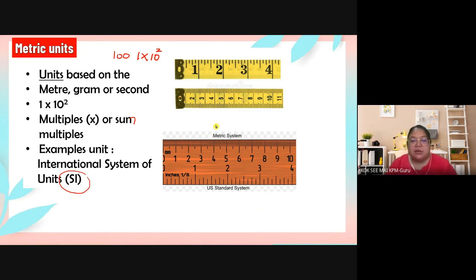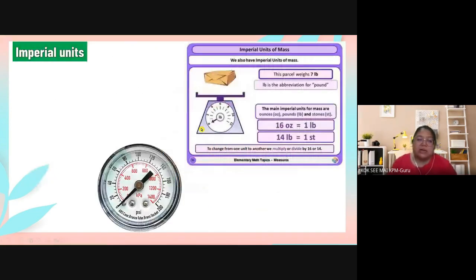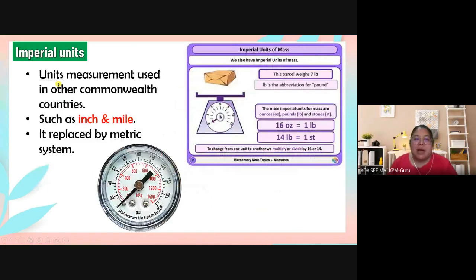Then after that they measure how many tons 啦。OK，1 吨 2 吨没有了。OK，我们用 kilogram 了，我们用 gram. OK, so this one we call metric unit. Okay, the old style one is an imperial unit. So example, unit measurement used in other Commonwealth countries, such as the inch and also the miles.